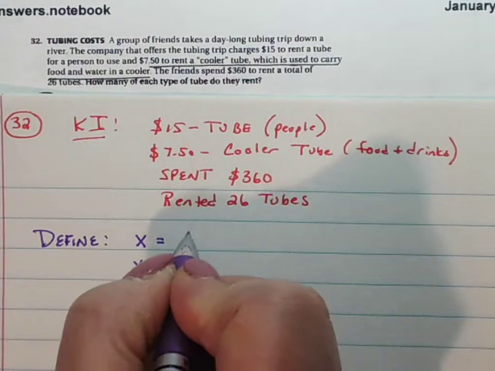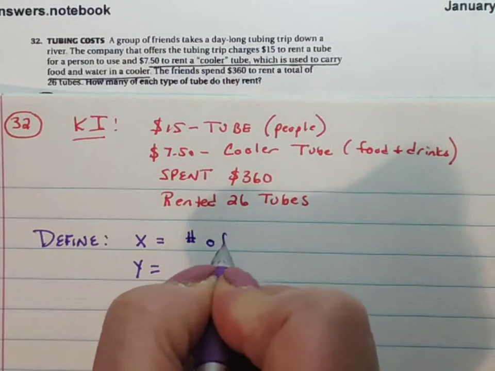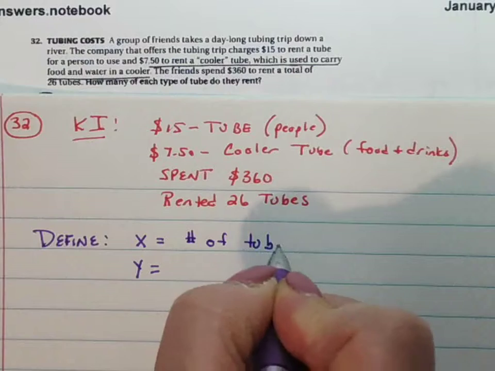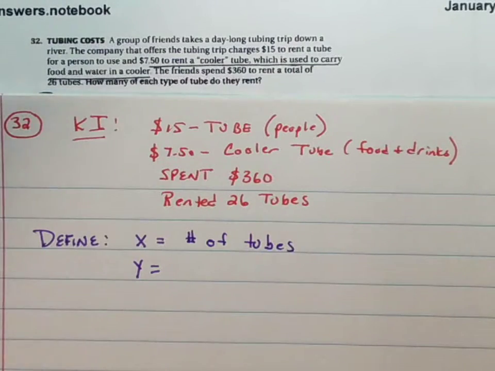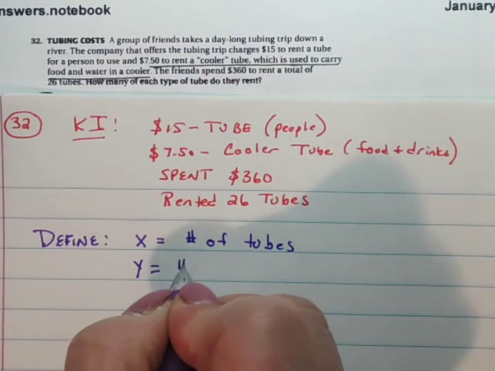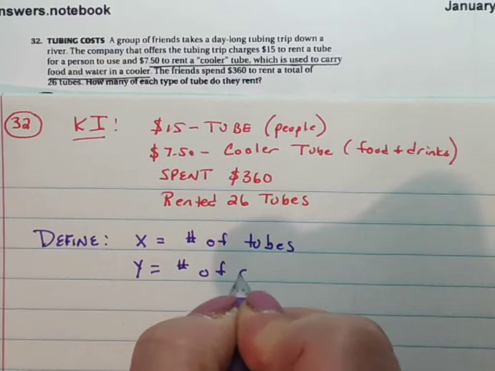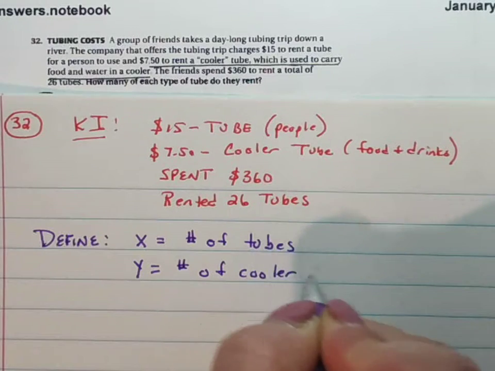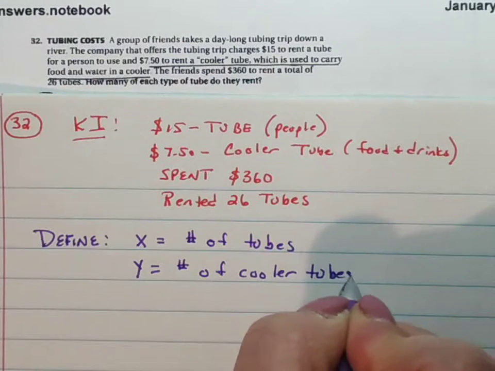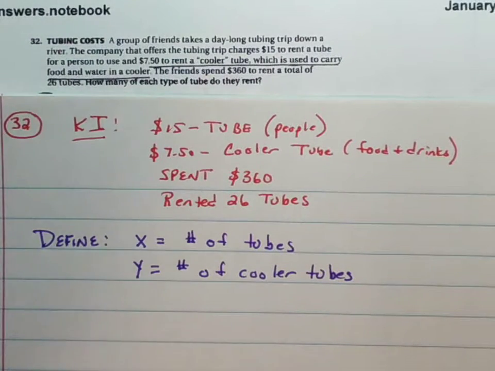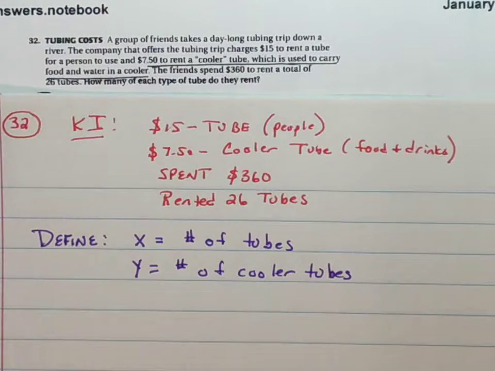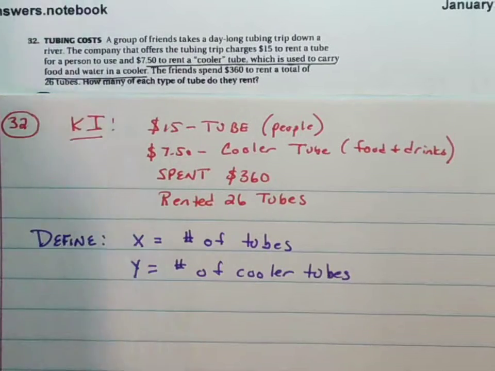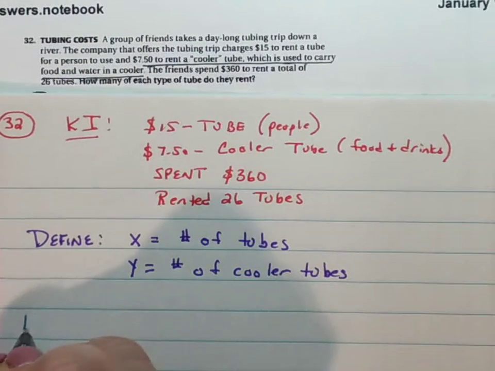X is the number of tubes, the ones for people, and Y is the number of cooler tubes. Then you have to write your equations.